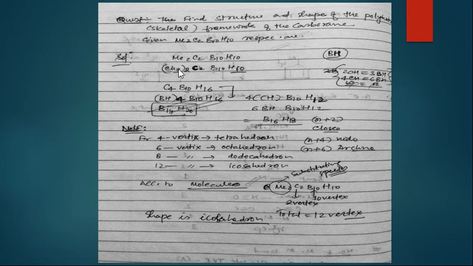First, we can calculate here. One BH is equal to 1 CH, because BH has 3 valence electrons plus 1 electron of hydrogen, so a total of 4 electrons, which is equal to the valence electrons of carbon.